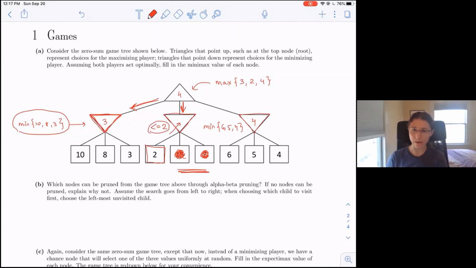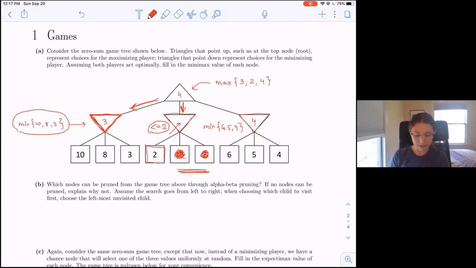But if we take a moment and ask ourselves, how is this number of less than or equal to 2 going to be ultimately used by this maximizing node? We already know that so far we've seen a value of 3. That's the best possible value we could get from taking that leftmost action by player 1.